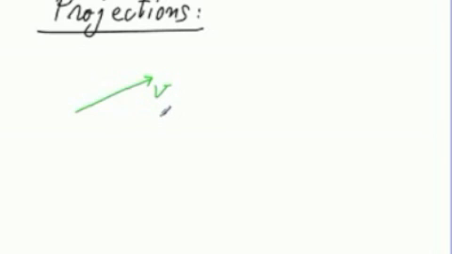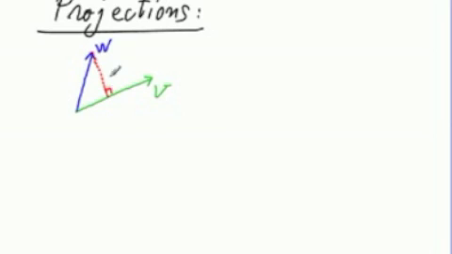consider. Like you have a vector W and a vector V. Sometimes you might be interested in dropping a plumb line, or perpendicular, from here to the other one.